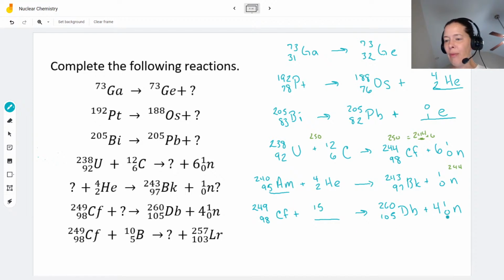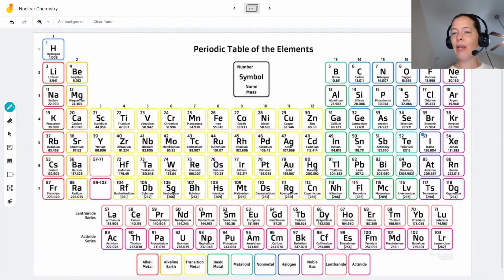And then for atomic number, okay, that is just 0, so I have 105. I already have a 98 here, so that is going to give me a 7 for an atomic number. And let's go back to the periodic table, find atomic number 7, and it is nitrogen.